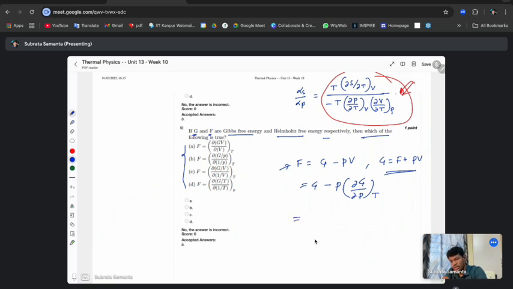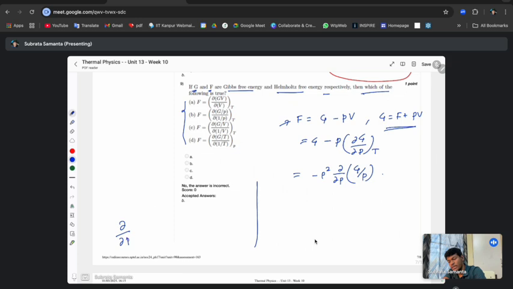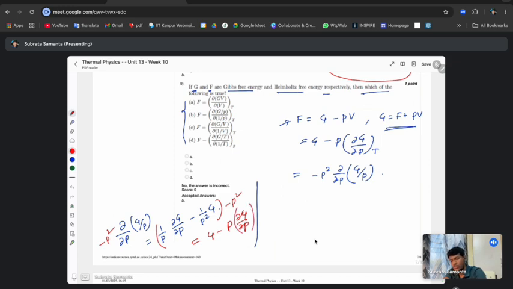Then you use this, so this is basically minus P square del P of G over P. Check the derivative with respect to P of G over P: it is 1 over P del G over del P minus 1 over P square G. If you multiply with minus P square, this is G minus P del G del P, at constant temperature T.